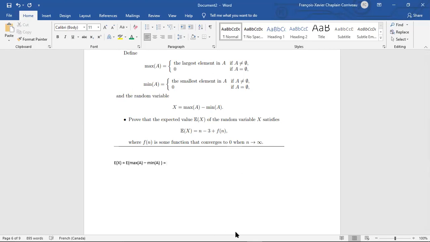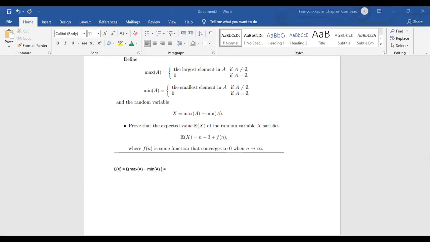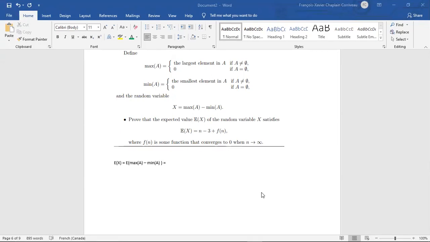What is the next line that I should think about? Yes. So you should think to use linearity of expectation. So I will use that. This is equal to the expected value of the maximum of A minus the expected value of the minimum of A.